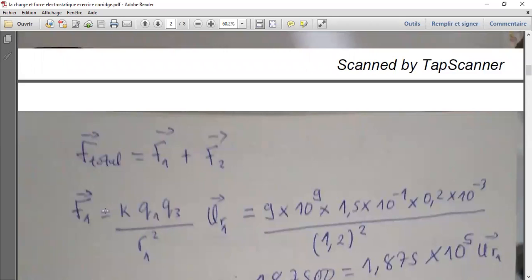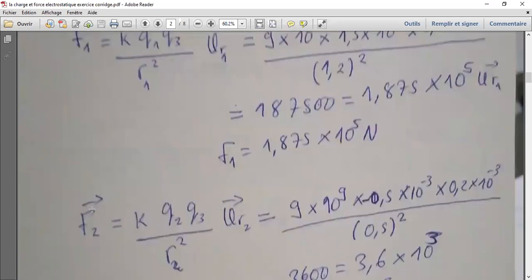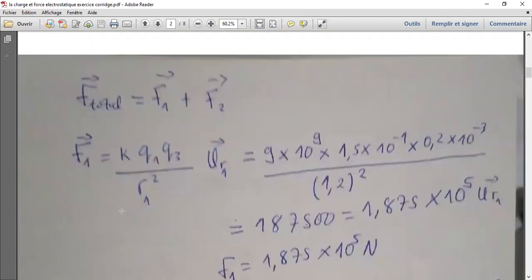If you remember this formula, it doesn't change. You have to calculate your F1 first, and you also have to calculate your F2. Then after calculating F1 and F2, you add them together. So your F1 is equal to K times Q1 times Q3 divided by R1 squared, U R1, which is just a vector. You don't need to panic about what U R1 is. It usually just shows the direction where you are going.